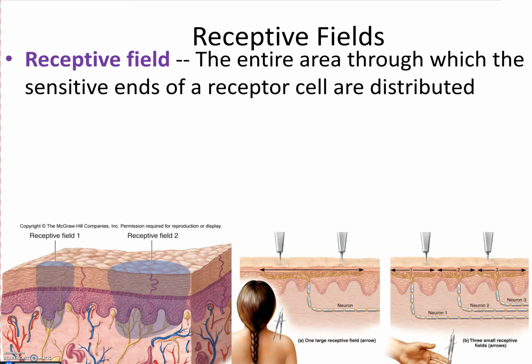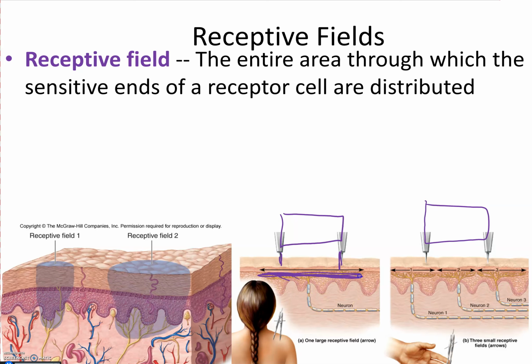Now, the receptor field is just the area one little receptor detects. So here we have our Meissner's corpuscles. I think this is actually supposed to be showing the tactile discs in your epidermis. And here's a caliper. We'll say it is an inch apart in both cases. Now if you touch this caliper on the back of your shoulder, even though there are 2 sharp needles right there, you probably will only feel 1 prick because our dendrite here is humongous.